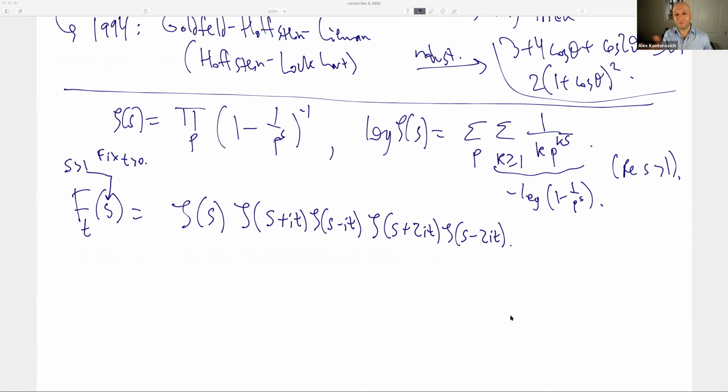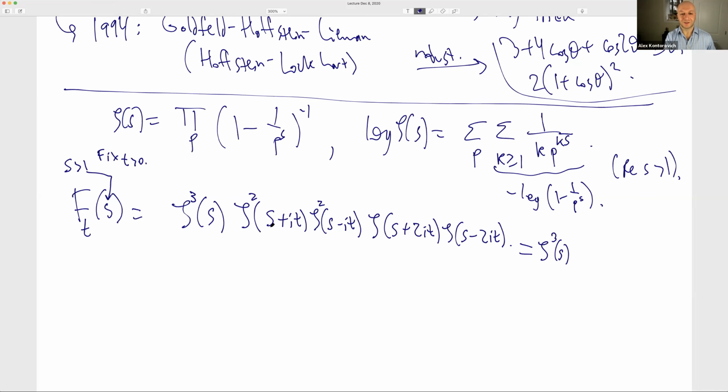I've just made this big, massive product of zeta things. You'll see why I want these powers in a minute. So what is this? S is a real positive number, so this is just zeta cubed of s.